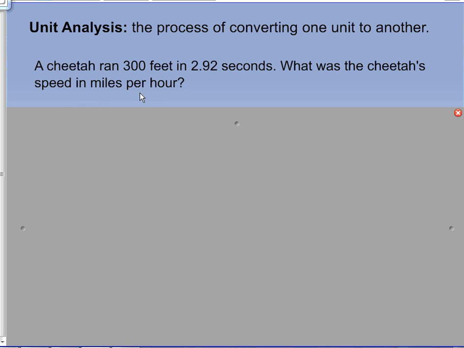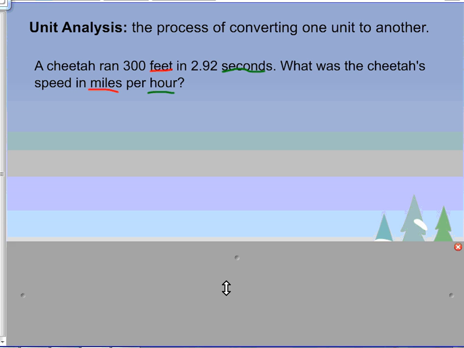What was the cheetah's miles per hour? So if you notice, we're talking about feet, and then all of a sudden we're talking about miles. Here, we're talking about seconds, and all of a sudden we're talking about hours. So we want to figure out how to go from one to the next.